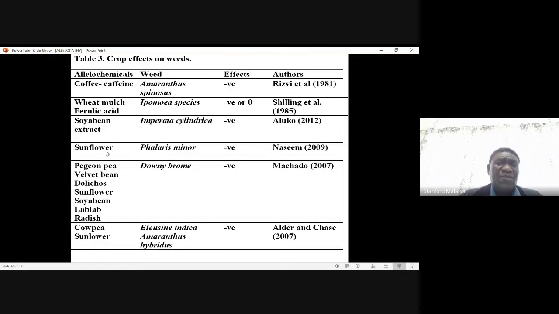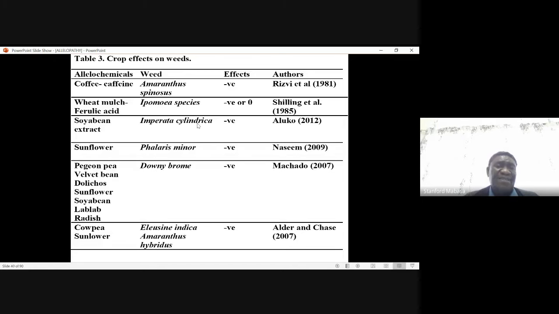Now we do have a coffee which produces caffeine. Caffeine was noted to suppress Amaranthus spinosus. Wheat mulch, which produces ferulic acid, was also found to suppress Hypromia species, but sometimes it had a neutral effect. Some soybean extract suppressed the Imperata cylindrica.